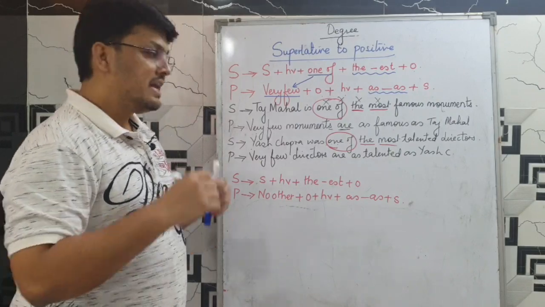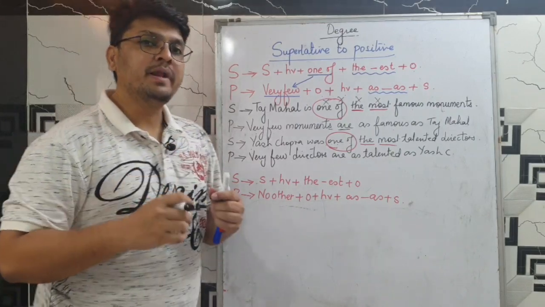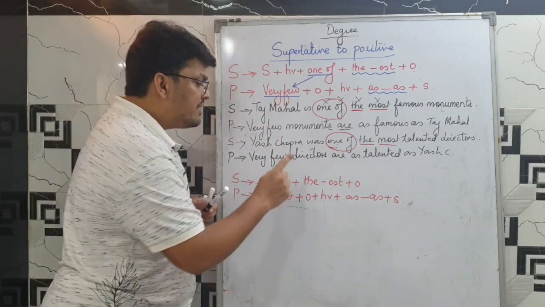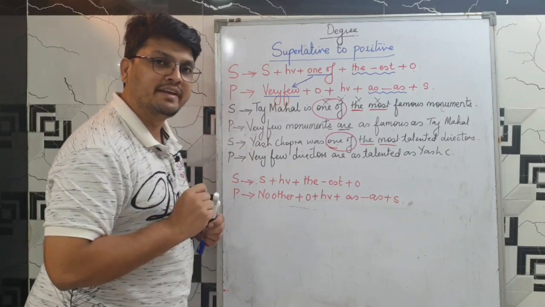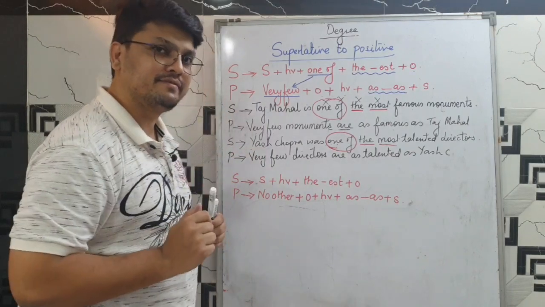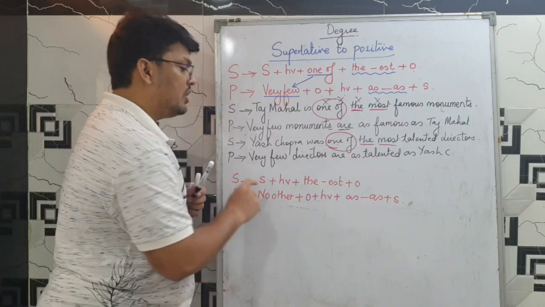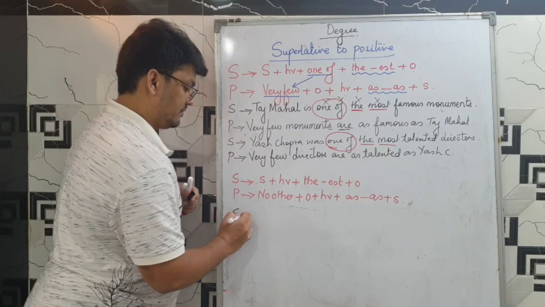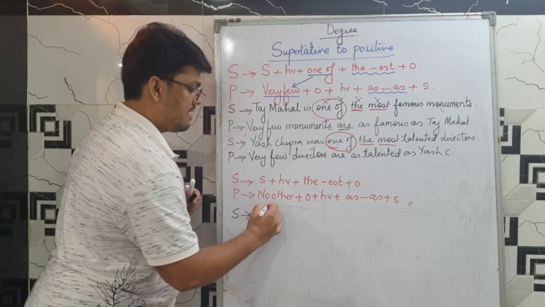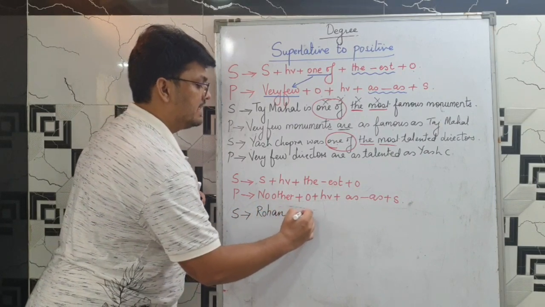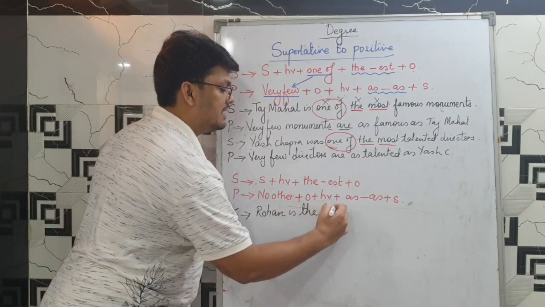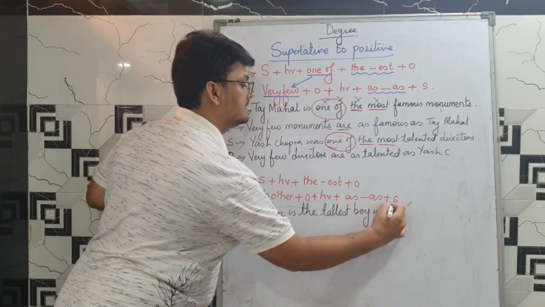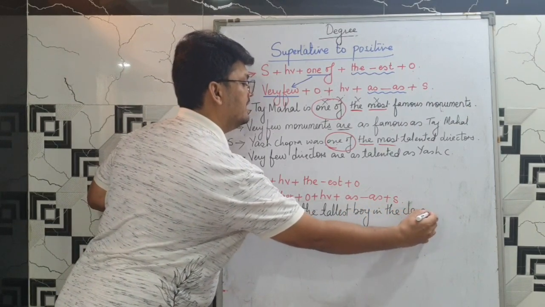Now students, let's see if superlative degree does not have one of. So students, if you do not see one of in superlative degree and that degree is superlative, begin positive degree with no other. For example, Rohan is the tallest boy in the class. Tallest boy in the class.